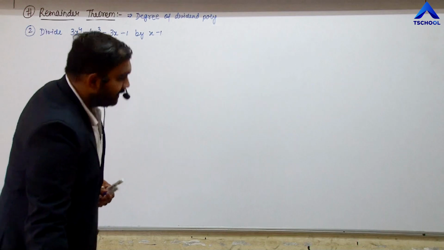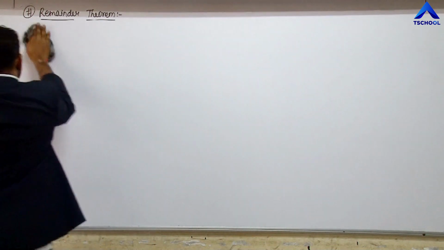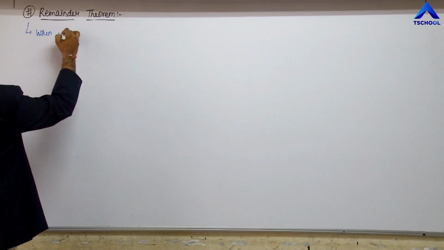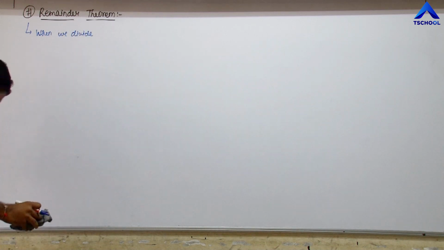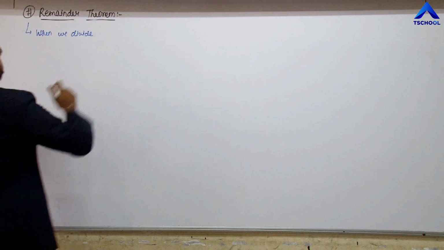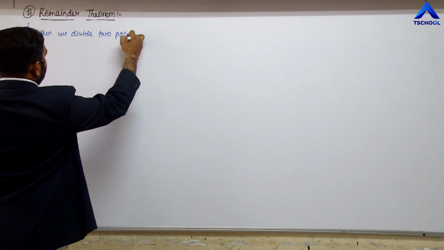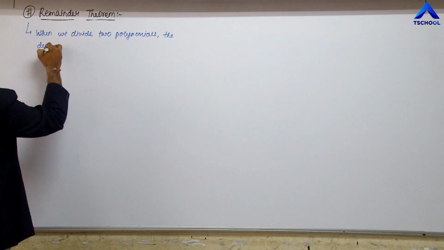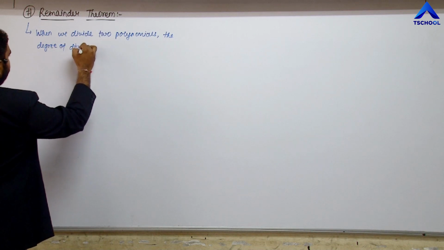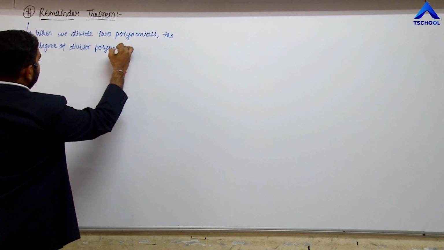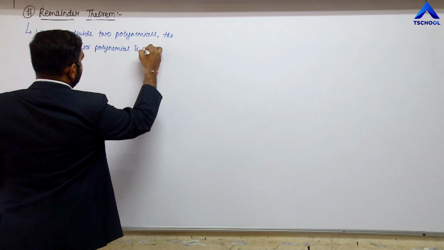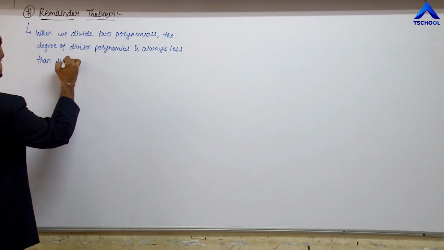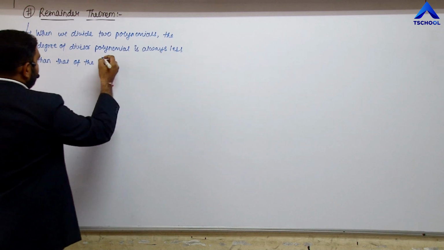Let me write down here clearly that whenever we divide two polynomials, at that time the degree of divisor polynomial is always less than that of the dividend polynomial.